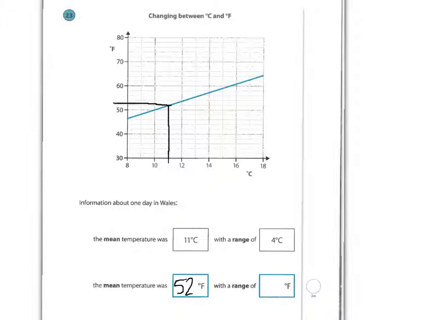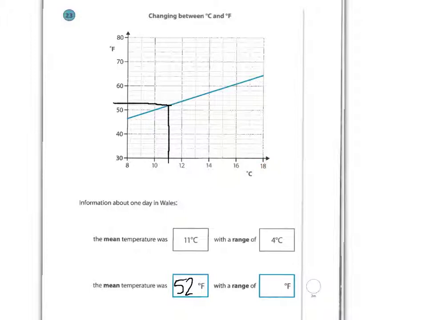Now the second thing, the range of 4 degrees C into degrees F, what I would do here is find 2 temperatures that have a range of 4 degrees C on the graph. So I'm going to start with 14 degrees and then look at 18 degrees.